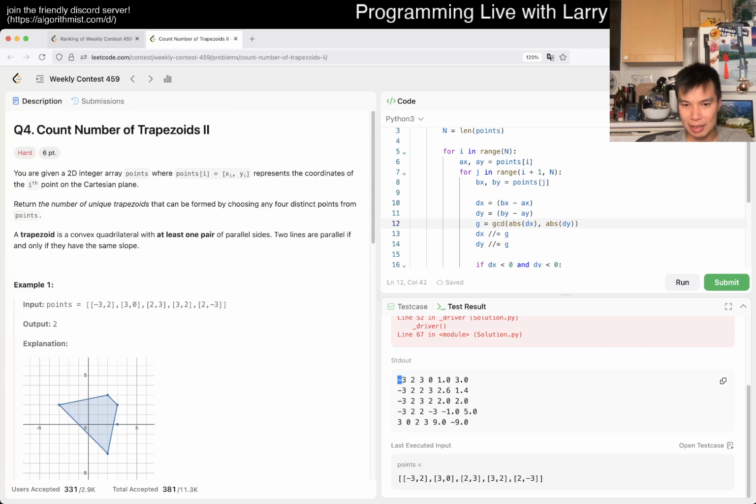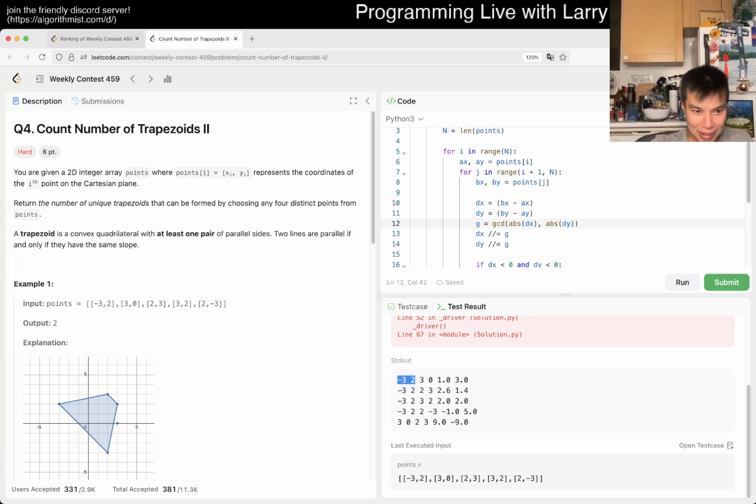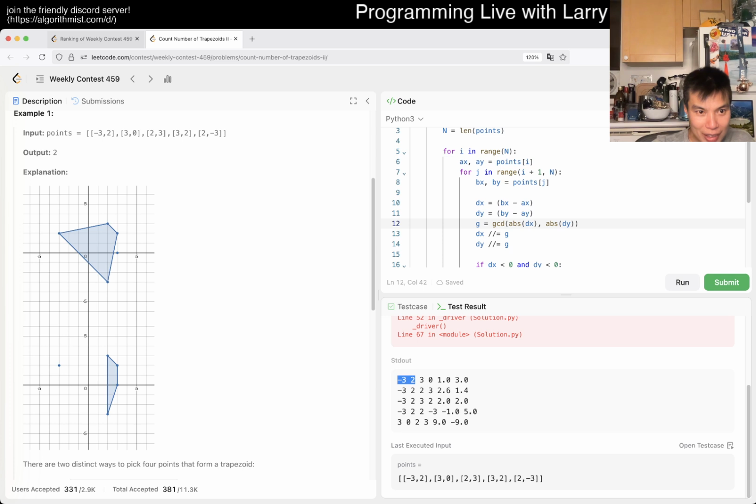So, okay, -3, 2. I need to write it out. I need to draw it out because I am so bad. Actually, maybe this is on here. -3, 2 is the one on the left. 3, 0 is this one that's not highlighted, and the y-intercept should be, according to this graph, like 1 point something, right?